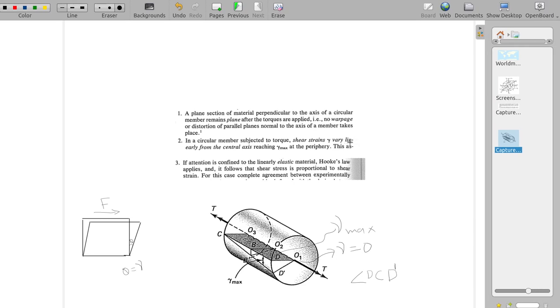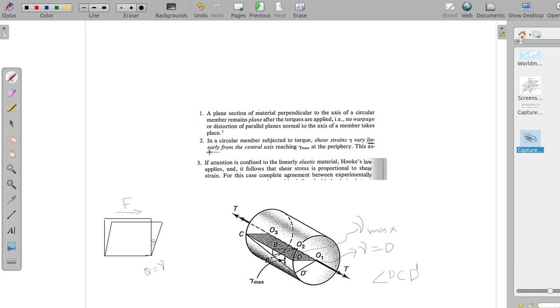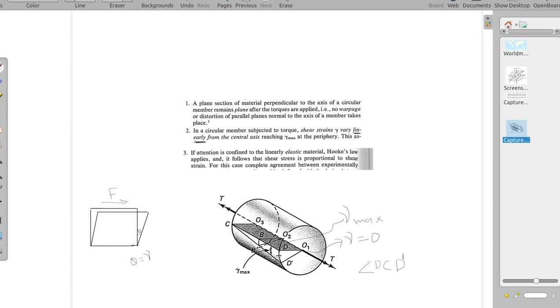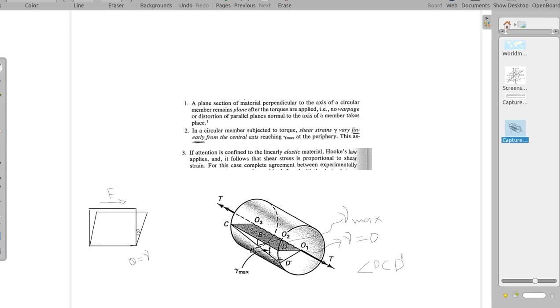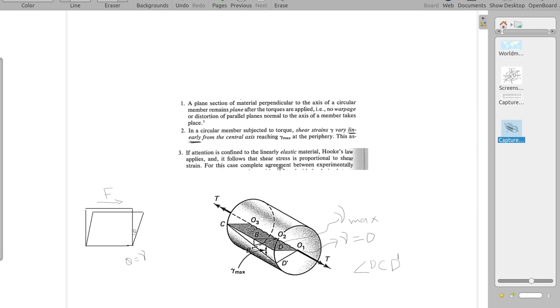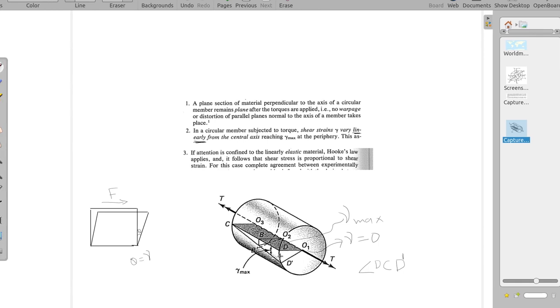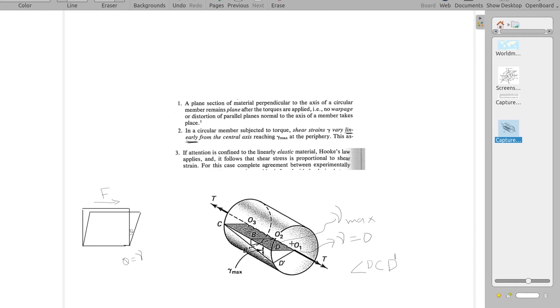One more important thing is that that variation is linear. Shear strains are varying linearly from 0 to maximum. Since the shear stress is proportional to shear strain, shear stress will also be varying from 0 to maximum linearly, since Hooke's law applies.